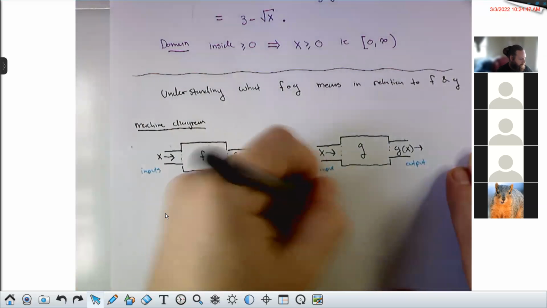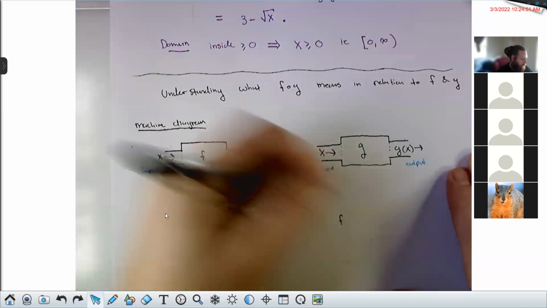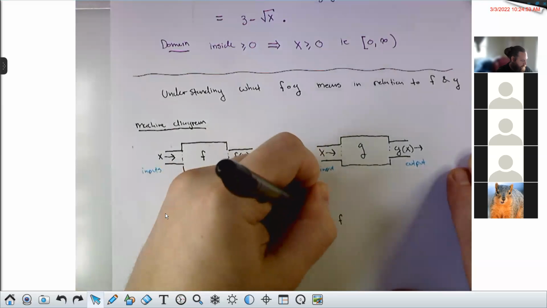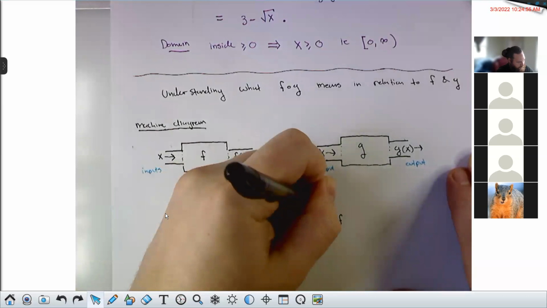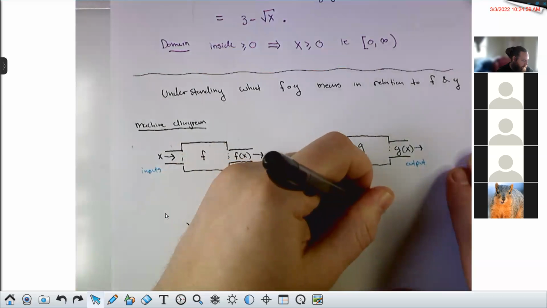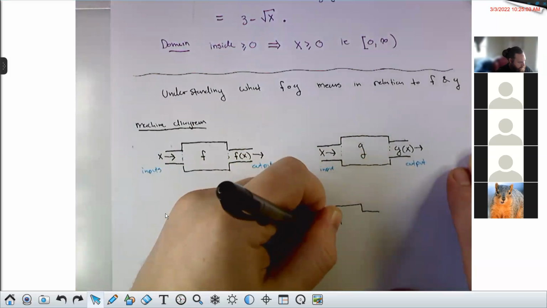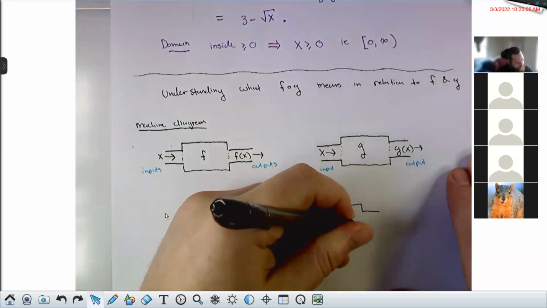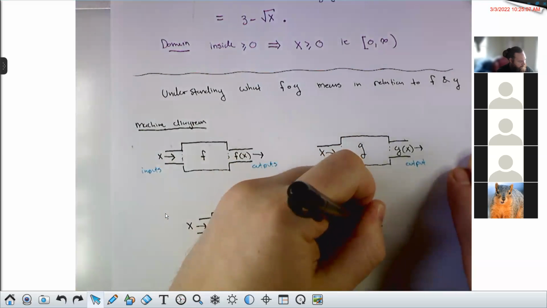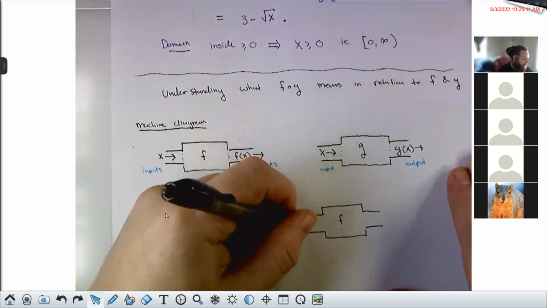You take the F machine, normally x's come in and f of x's go out, but something a little different is going to happen here because I'm going to connect these to each other.